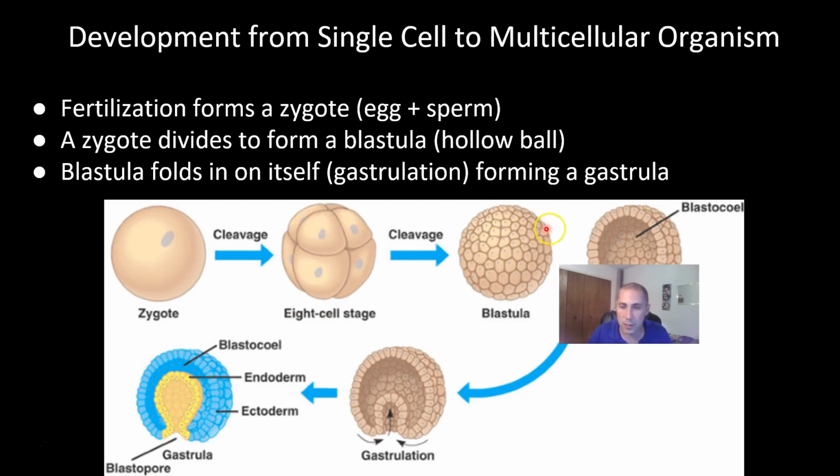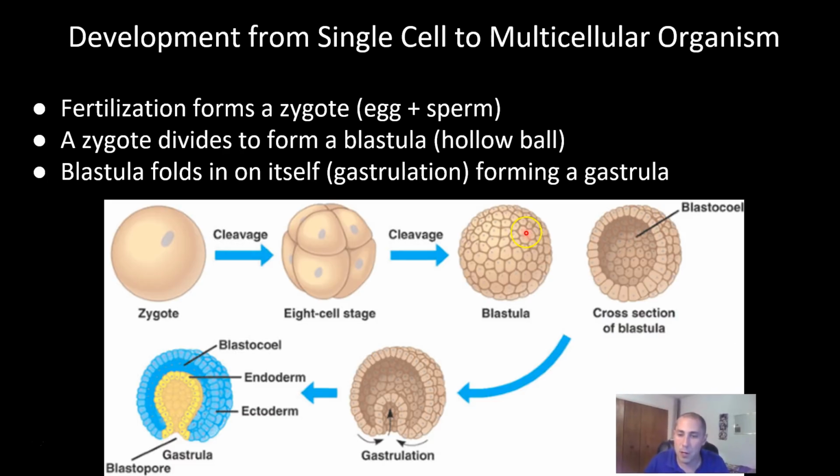And they're still exact and the same. Nothing's really happened. So we have a lot of cells, they start making a ball, they're still all the same, and then we have this process of gastrulation where we start folding in on this cell, and we're going to get different germ layers. And at this point, they're all still not quite different. They're all generic. Right at this point, we're starting to become specialized.